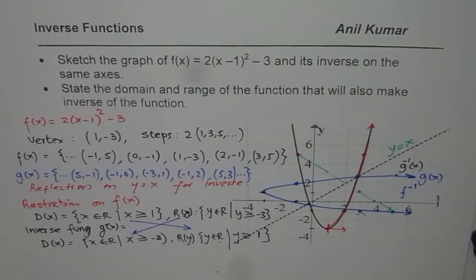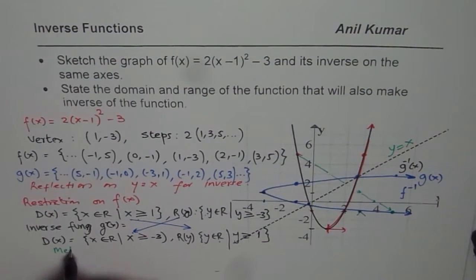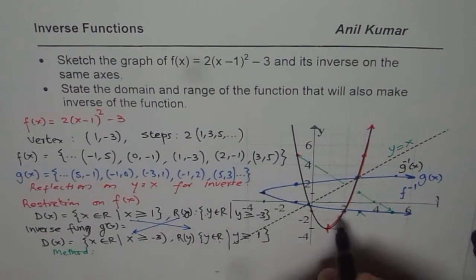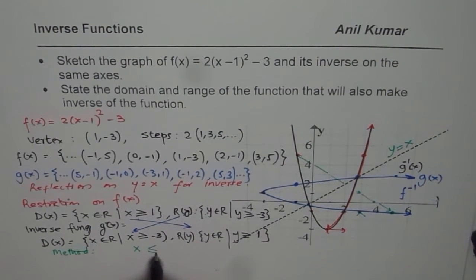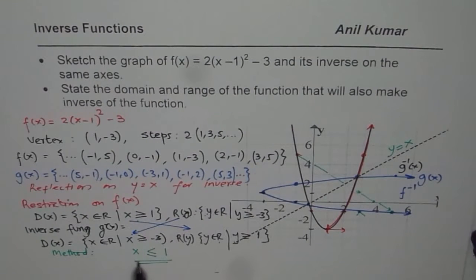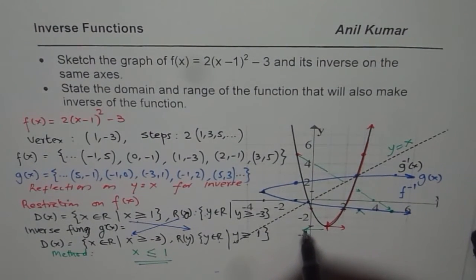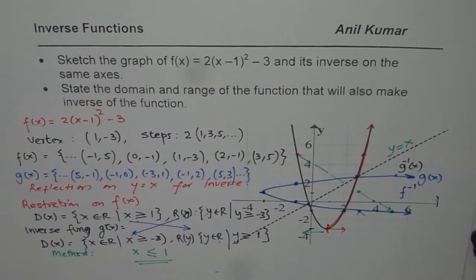What you could also do, that is method 2, is you could restrict your domain to x less than or equal to 1. You could do that also. I'd like you to restrict the domain to x less than or equal to 1, right? That means this side. And then write down the domain and range for the function and its inverse. I hope that helps.